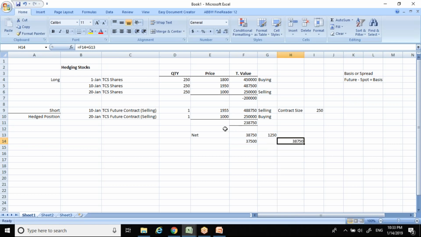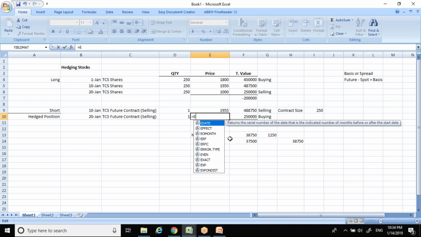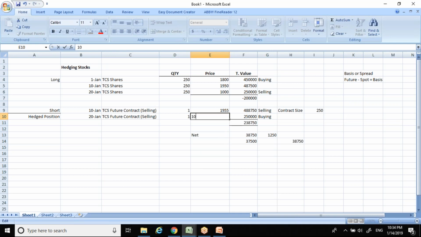Now remember what happens if on the date of expiry, due to any reason, there are a lot of reasons, there could be interest rate changes, there could be some mismatch due to liquidity or anything, this spread increases instead of reducing. So it was 1000, let's suppose it goes to 1110.